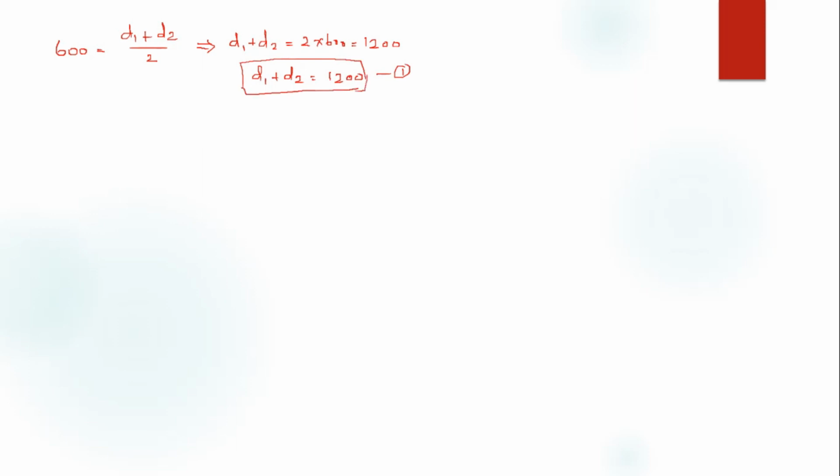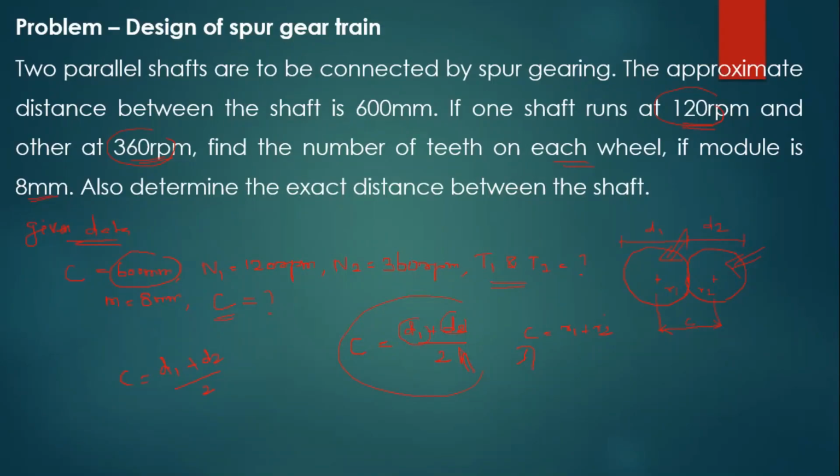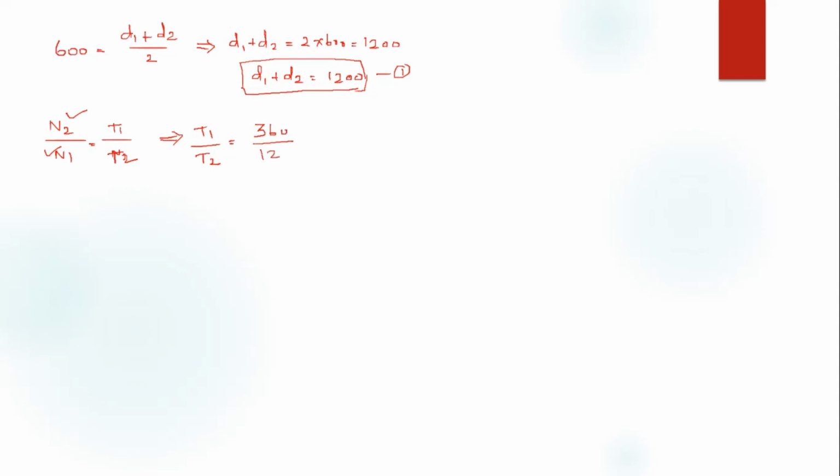So, we need to formulate one more equation. We know the formula n2 divided by n1 equals t1 divided by t2. Now this becomes t1 by t2, where n2 is given and n1 is also given. n2 equals 360 divided by n1, which is 120.